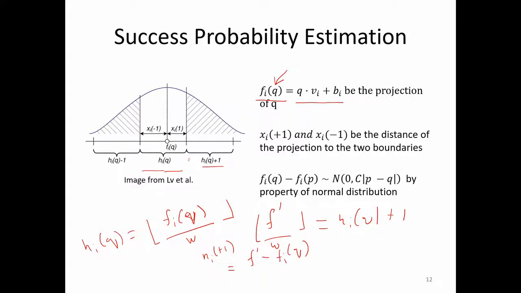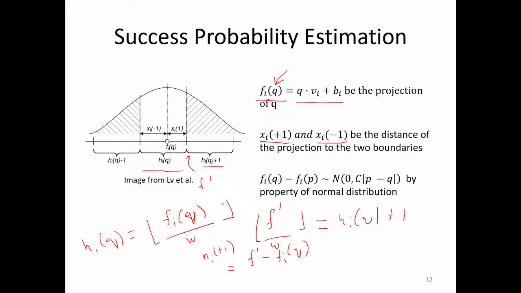So this point is, let's say, f dashed. Similarly you can do on the other side. So the point here is that you can get, so let x_i plus 1 and x_i minus 1 be the distances of the projections from the two bucket boundaries.